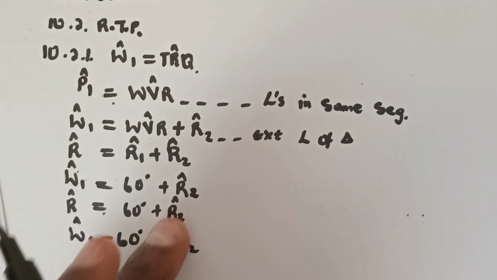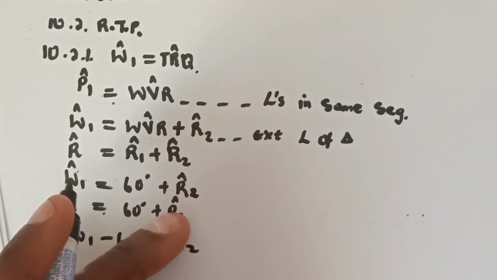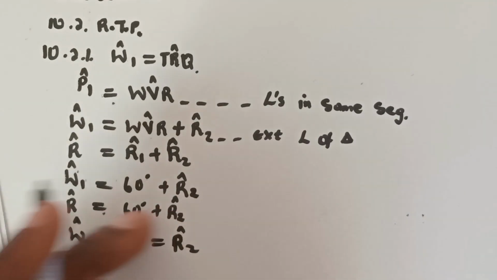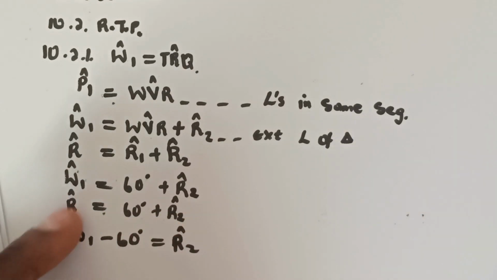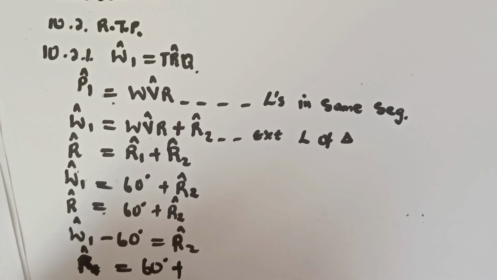Replacing angle R2 with angle W1 minus 60, angle R is equal to 60 degrees plus, in brackets, W1 minus 60 degrees.